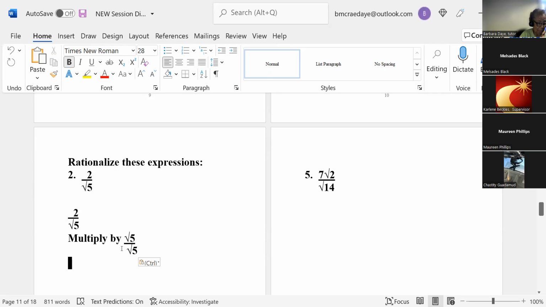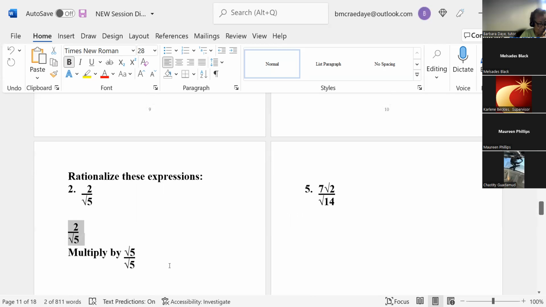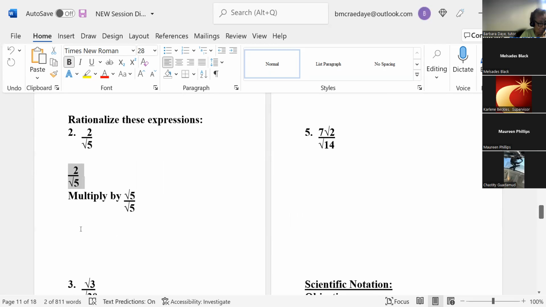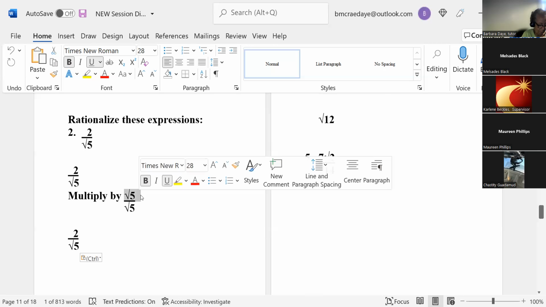So you want to multiply square root of 5 over square root of 5 by this expression, right? So let me just take this and you tell me what to write. That means you multiply the numerator by square root of 5 and the denominator by square root of 5, right? So you're going to have square root of 5 times the numerator.